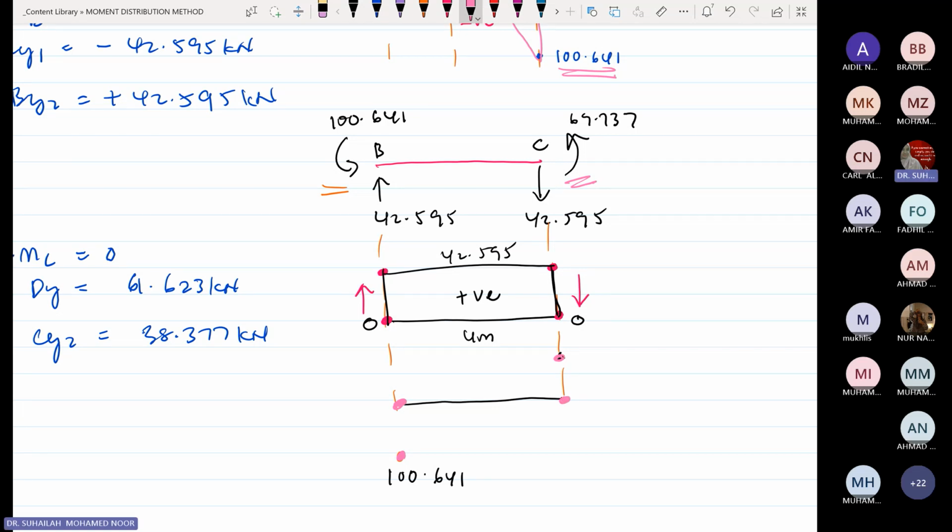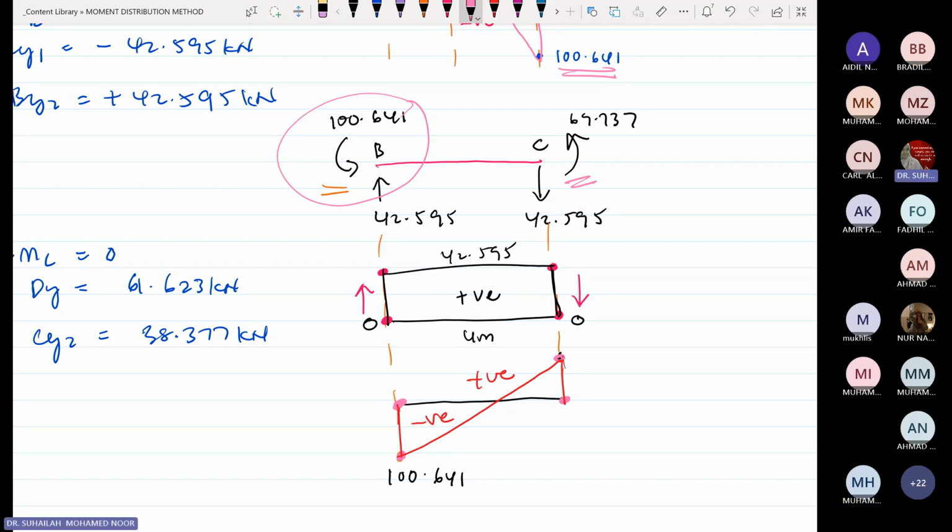So bending moment diagram, this and this, okay, join. Okay, so yang ni negatif. So atas ni positif. So dia negatif sebab yang ni tadi negatif.